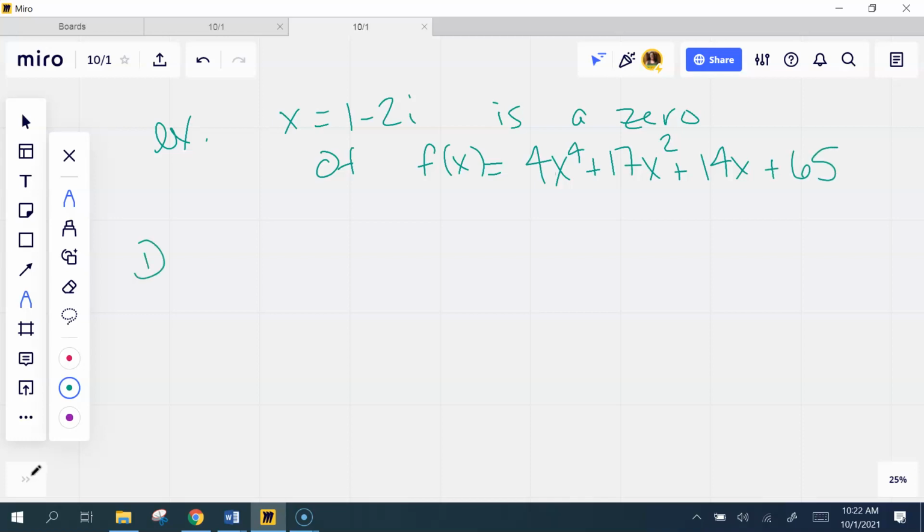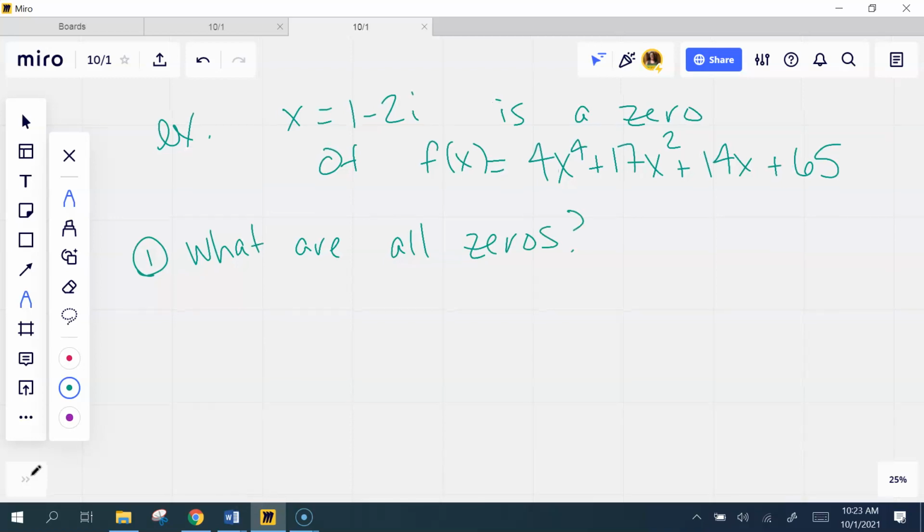First, what are the other zeros? And then I want to know, what is the linear factorization? Now this time I've kind of got a springboard here. I've got a starting zero. But oh dear Lord, the starting zero is complex.